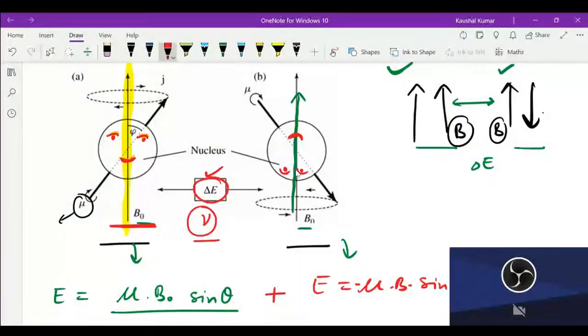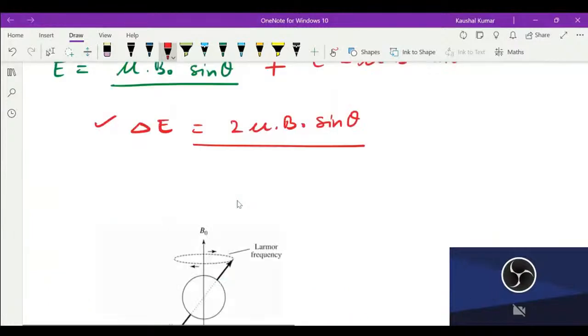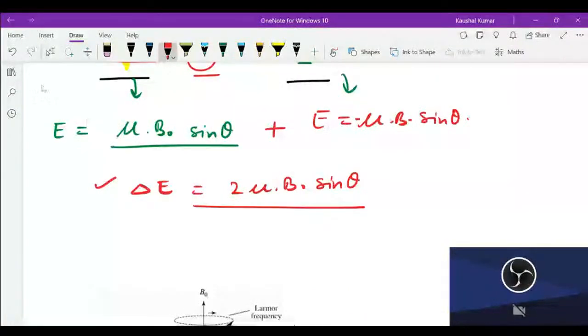Now he is inverted, and after being inverted there is a change in those two states, and that state energy we are seeing. Till now, we haven't found the frequency. So for parallel, if the atoms are parallel, then we write mu B naught sine theta without the negative sign. If it is anti-parallel, we write E minus mu dot B naught sine theta.